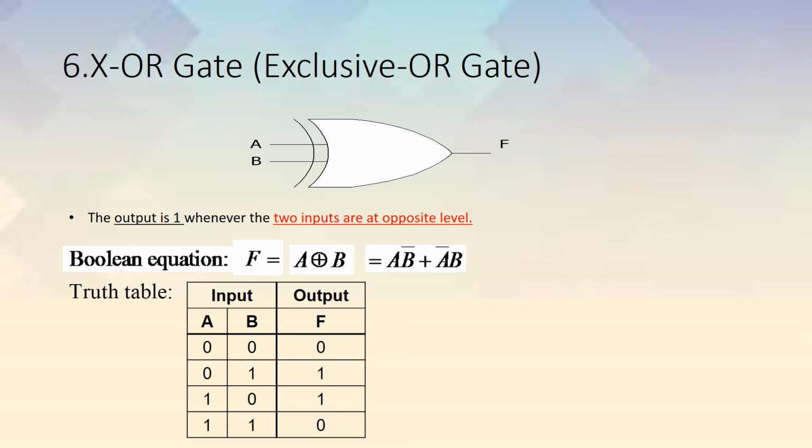Either is 1, if A is 1, B is 1, the output is also 0. If different, such as A is 0, B is 1, the output we get is 1. Understand that? Okay, go to the next.